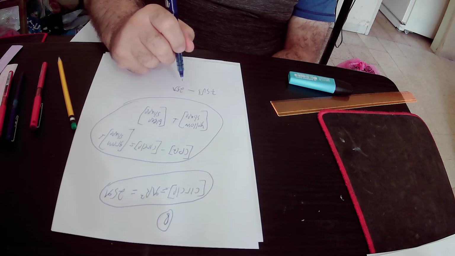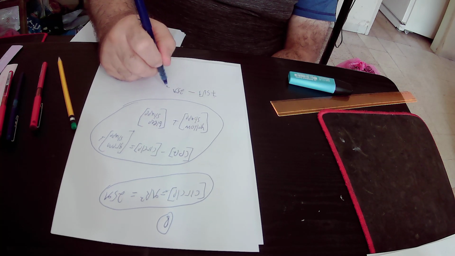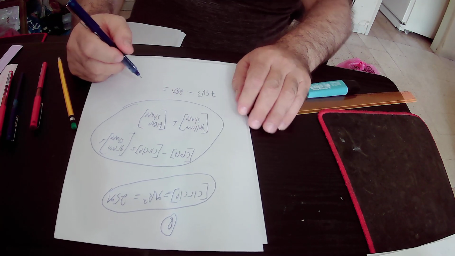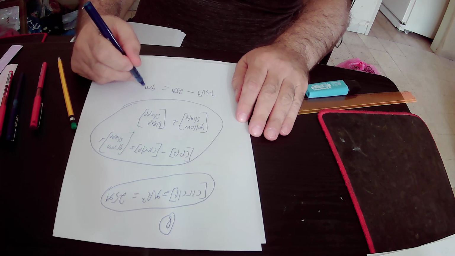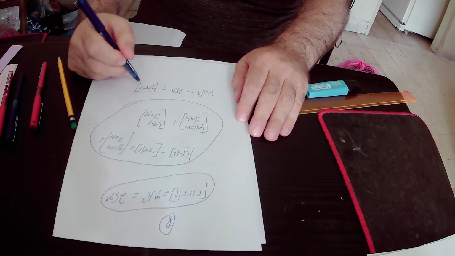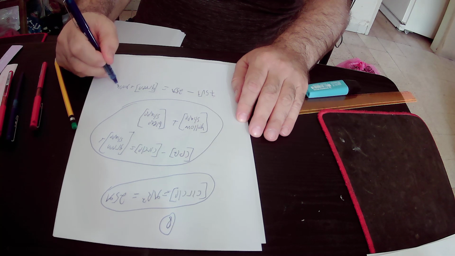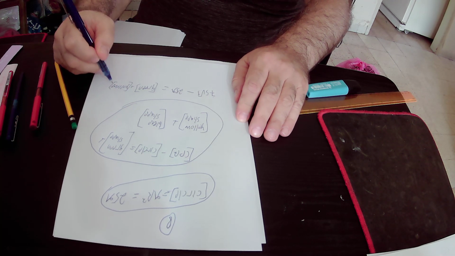So the area of the triangle minus the area of the circle equals the area of the green shape plus the area of the yellow shape plus the area of the blue shape.